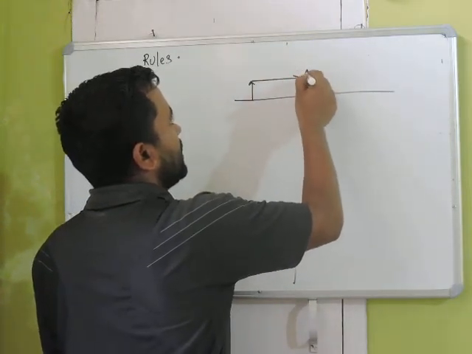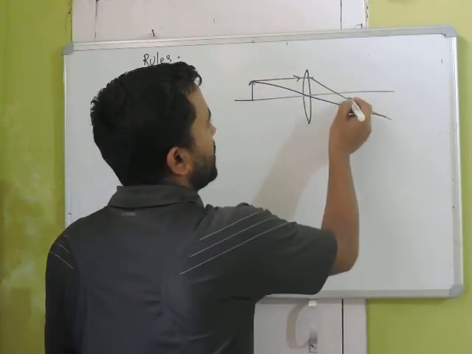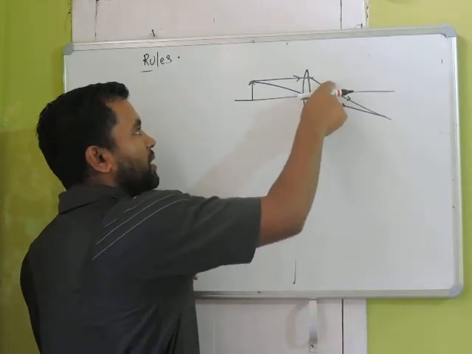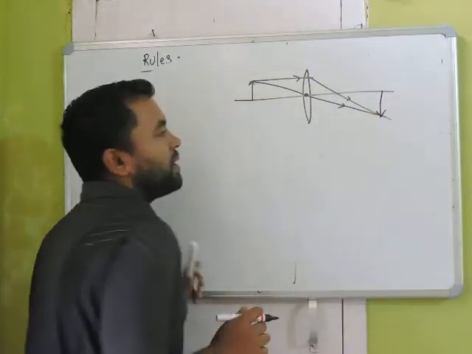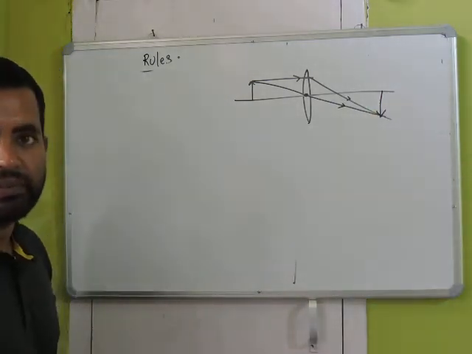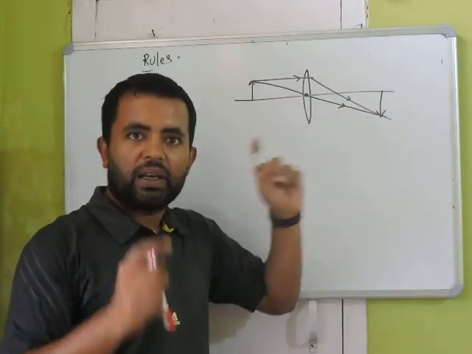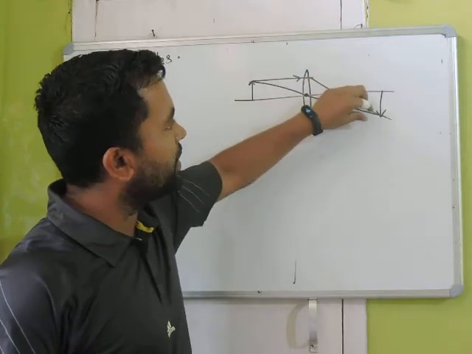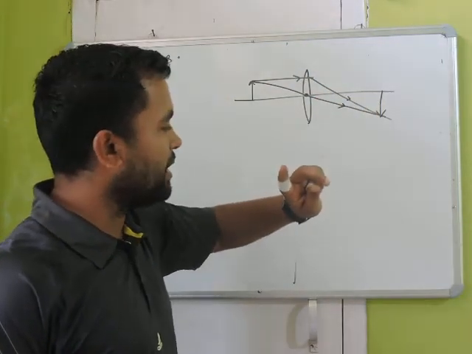Let us say it goes something like this, then I take a ray. So these are real refracted rays. These two are refracted rays and they are meeting here. So the image which will be formed is a real image. So where real rays intersect, see these two are incident rays, these are refracted rays. So actually they are meeting here and this is inverted, so this is a real image.